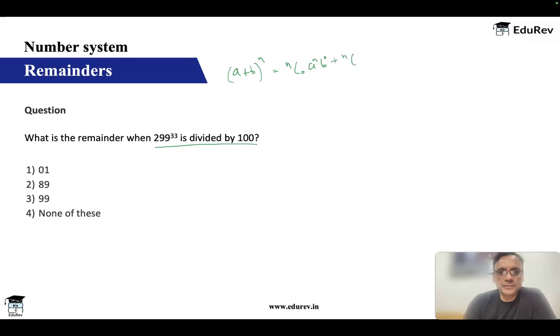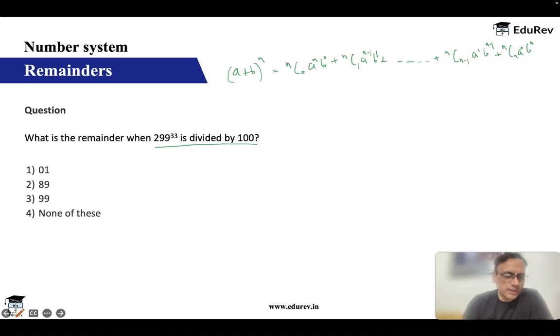Then nC1, a to the power n minus 1, b to the power 1. And it will go on like this. The second last term will be nC(n minus 1), a to the power 1, b to the power n minus 1, and the last term will be nCn, a to the power 0, and b to the power n.